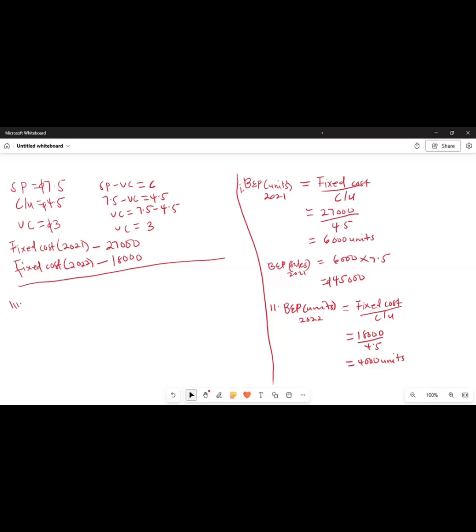Let's try and use the equation method. They are saying that the net profit should be 10% of sales. So what is sales? We don't know the units yet, but we know our selling price is 7.5. So our sales will be 7.5X.